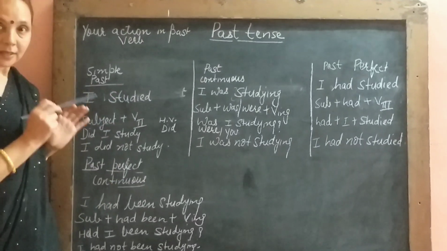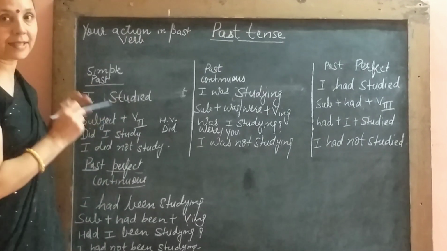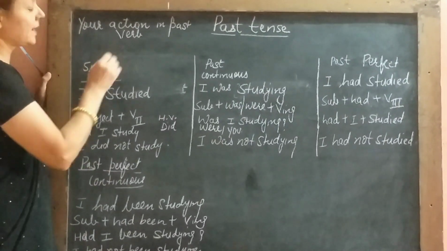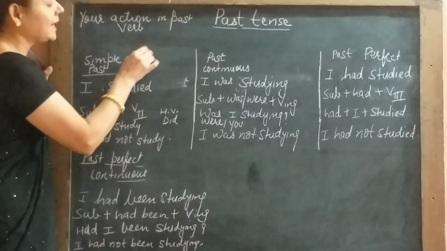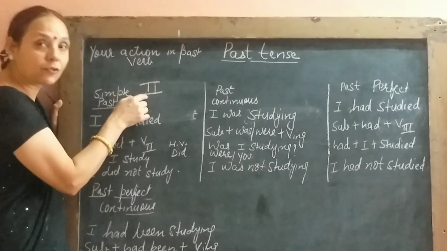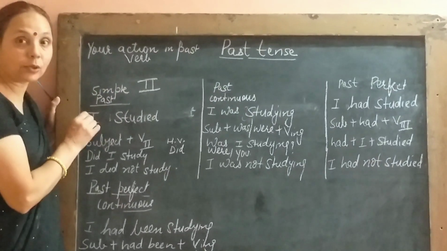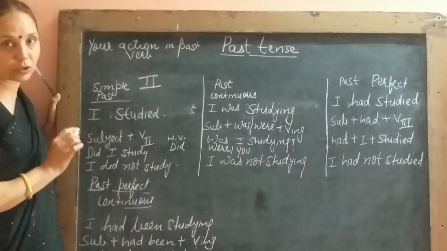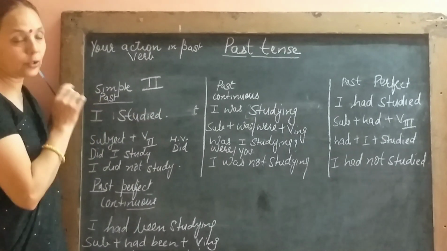Now let's talk about these sentences in detail. Simple past means this is the only tense where we use the second form of the verb. I already discussed the verb's second or past form. This is the only tense, that too in the assertive or simple sentences, the sentences with the full stop. Okay, how? I'll let you know.